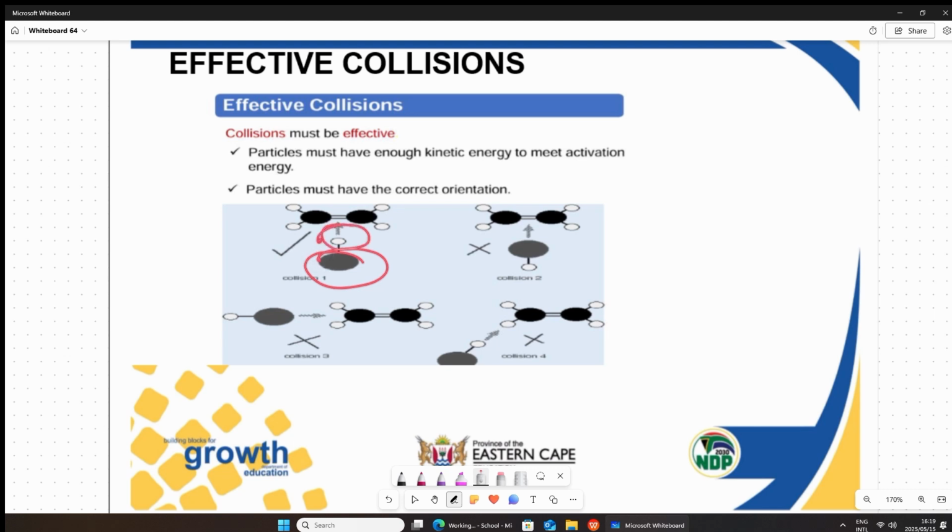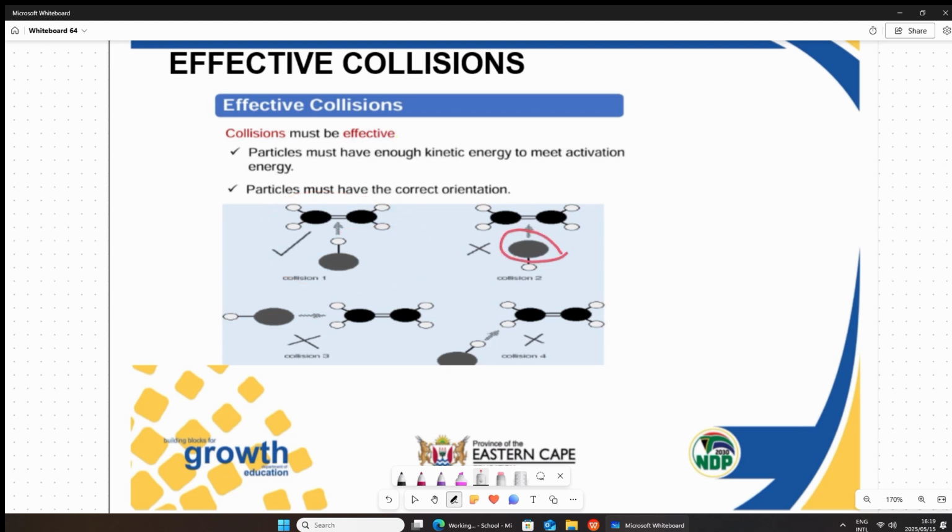This white represents a hydrogen atom. This is a correct orientation if the hydrogen atom is the one approaching this carbon-carbon double bond. Therefore, we say that this is an effective collision because they are correctly oriented, meaning that the reaction will take place and the product will be produced.